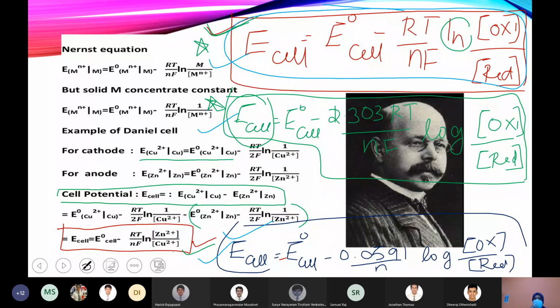The final equation, after substituting all the constant values, R, T at room temperature and F the Faraday constant, is E cell equals E0 cell minus 0.0591 by n log of the concentration of oxidized by the concentration of reduced.